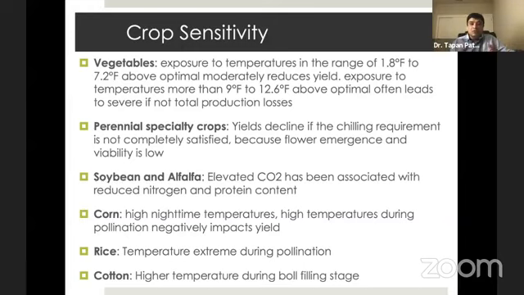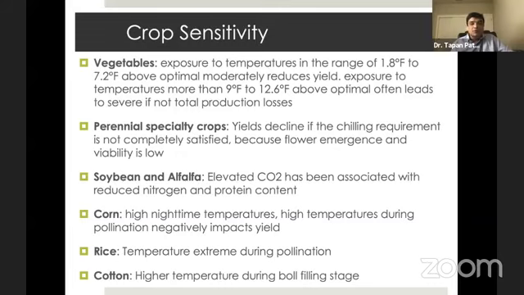Once they accumulate a certain chill, their physiological process tells them that now it's time to break the dormancy and start the bud break and the blooming process. So when they don't get enough chill, that impacts their blooming, and ultimately that disrupts their production. And so there is a huge issue with perennial specialty crops with respect to the chill requirements.